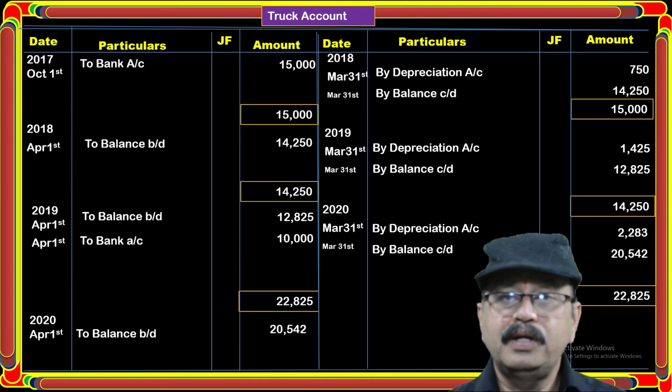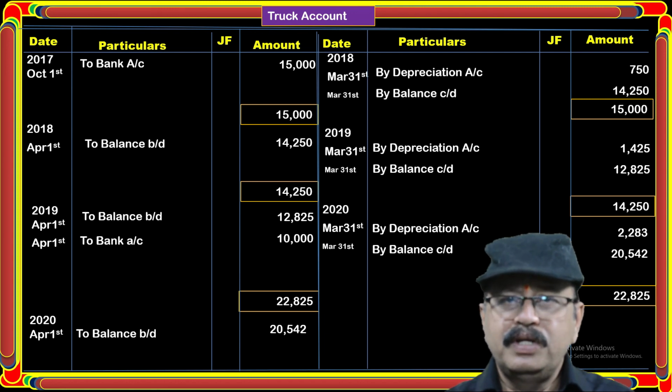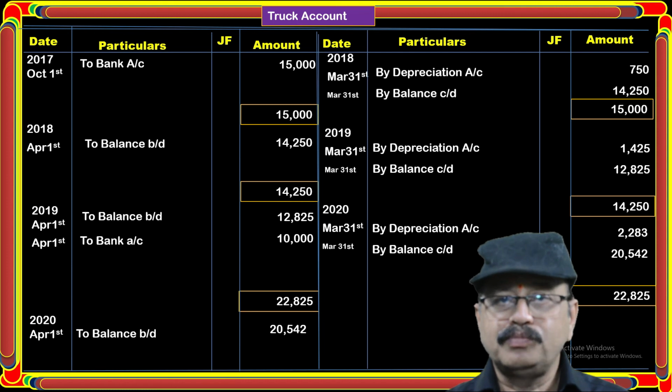According to that date we have to take the period also. So in this way, if you concentrate seriously on the working note, there is no problem with the truck account, you can prepare it very easily. The only thing is you should focus on the depreciation. If you calculate the depreciation very clearly, you are going to get full marks in the depreciation topic.